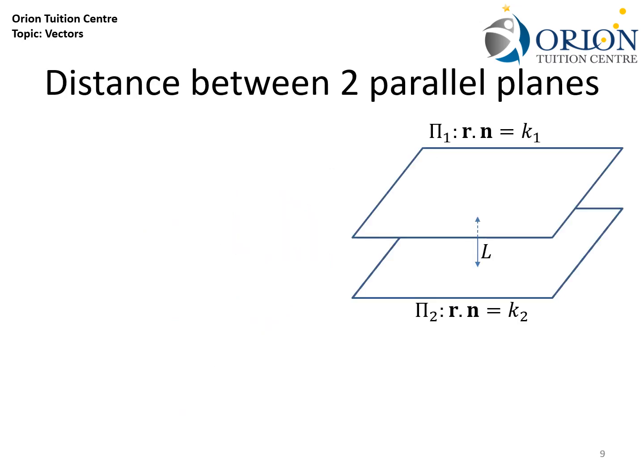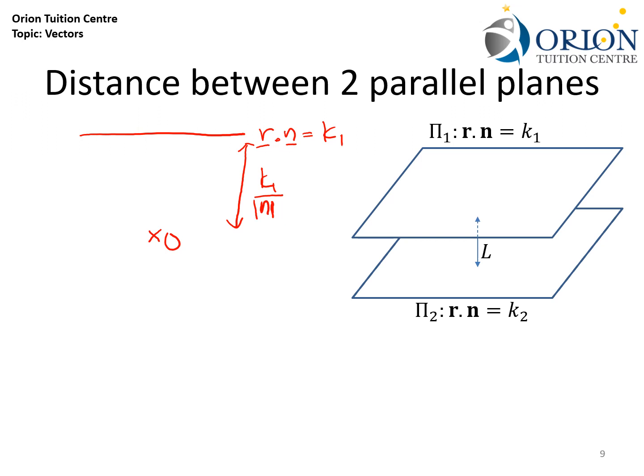To determine the distance between two parallel planes, we can make use of the formula for the distance between the origin and a plane. Recall that if I have a plane, let's say its equation is r dot n equals k1, its distance to the origin O will be k1 over mod n.